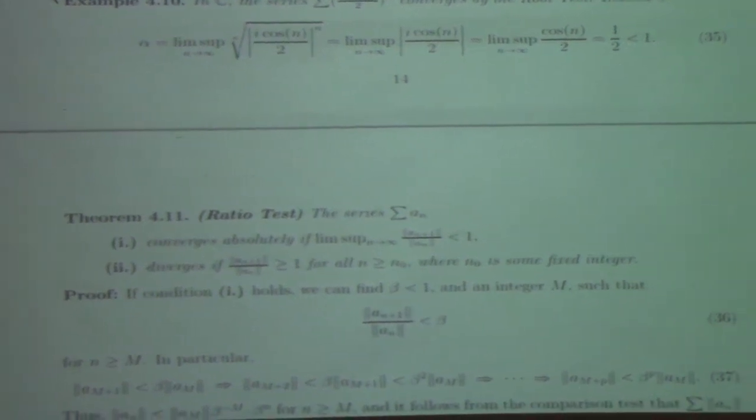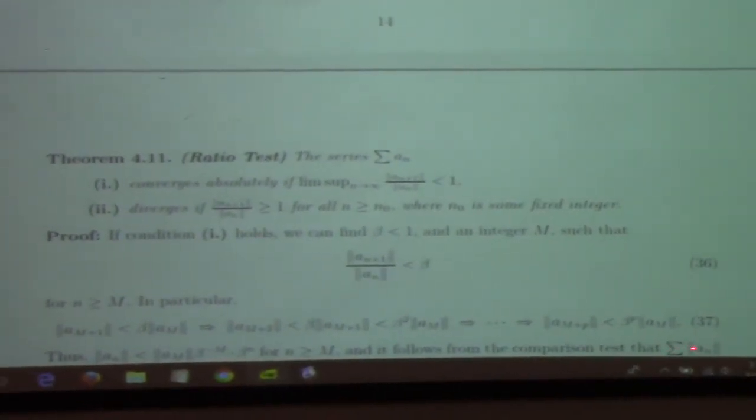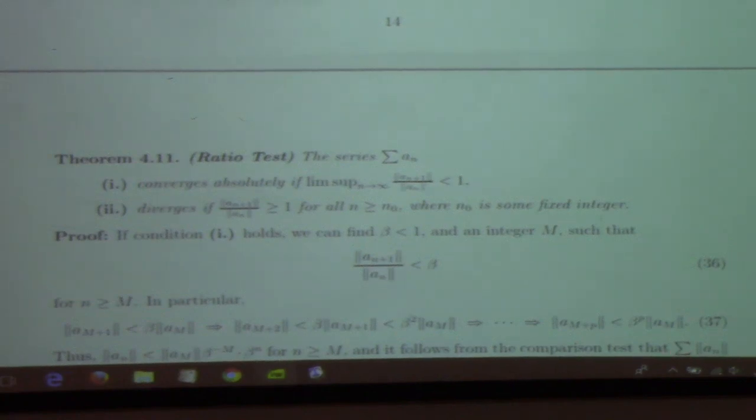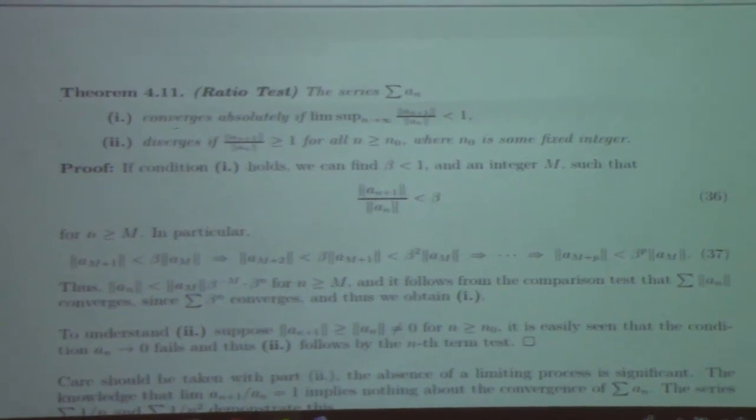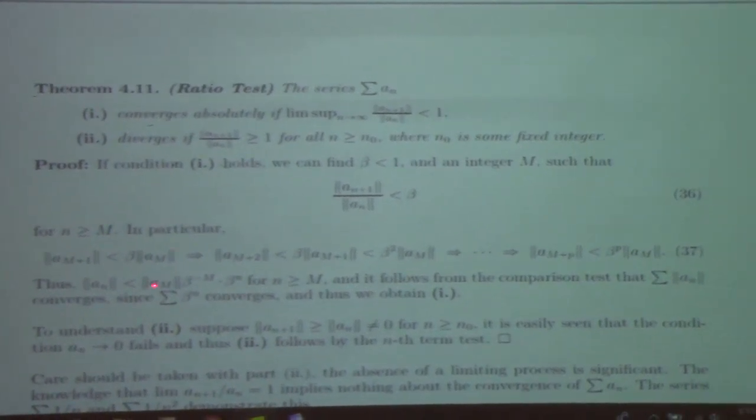And then it follows by the comparison test. So comparison to what? Notice that the big M here is fixed, right? So what am I comparing to? This is a fixed number, right? And what are we looking at here?